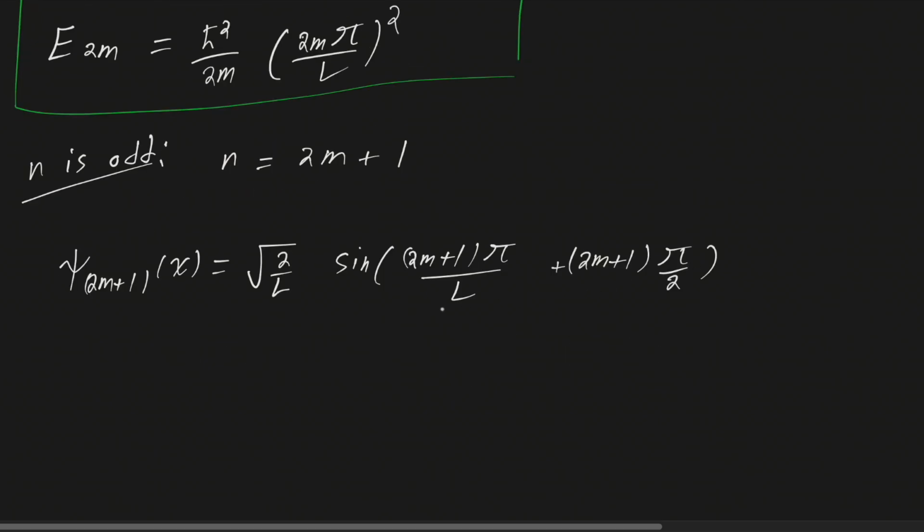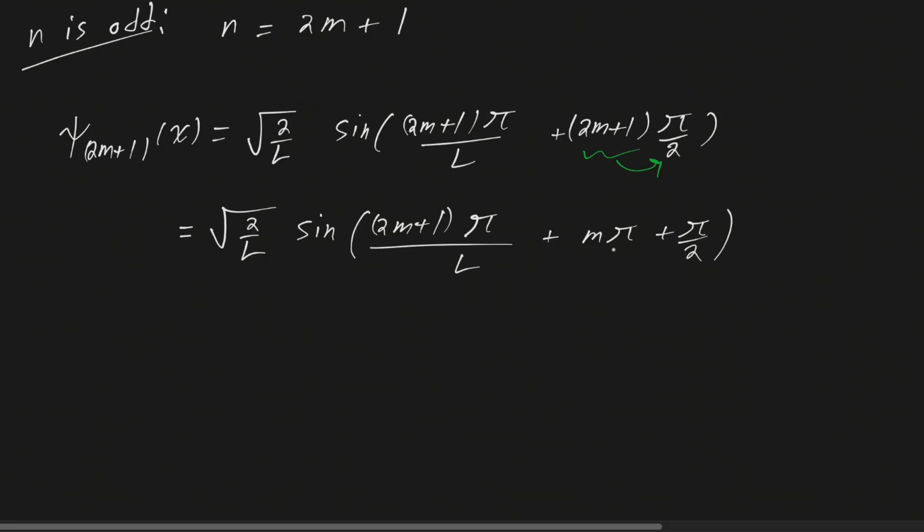Okay, and so expanding this, we get the square root of 2 over L sine. Again, we have the situation where we have a multiple of pi, but we said earlier that that value is redundant. It only changes the sign of the sine function, but we don't care about the sign because the physics remains the same. So we can drop that term, but in the odd case, we still have a pi over 2.